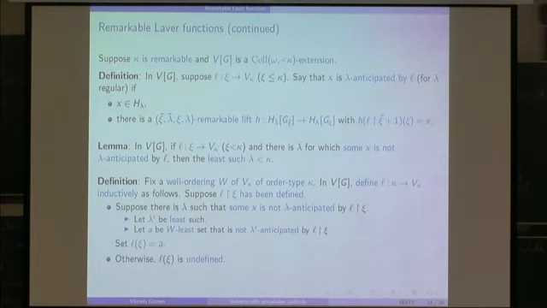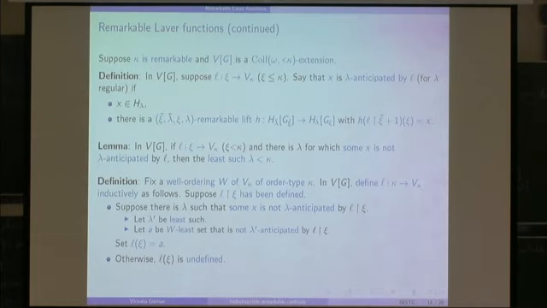Let's say that X is lambda anticipated if I have a remarkable embedding, but not with critical point kappa bar going to kappa, because I'm now looking at this reflection to Xi, so my critical point is now Xi bar going to Xi. This is the same as in the diamond case, the same as in the Laver function case.